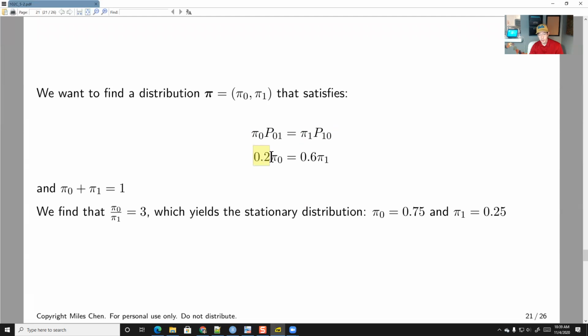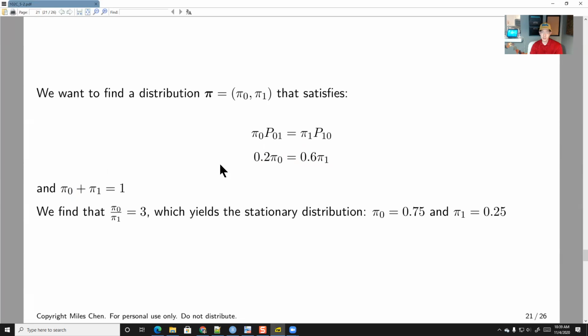P01 is 0.2 and P10 is 0.6, so 0.2 pi 0 equals 0.6 pi 1. There's also the condition, because it's a limiting distribution, that pi 0 plus pi 1 has to equal 1.